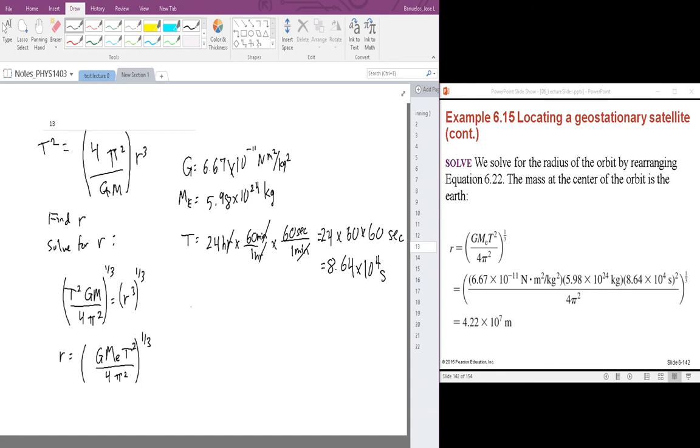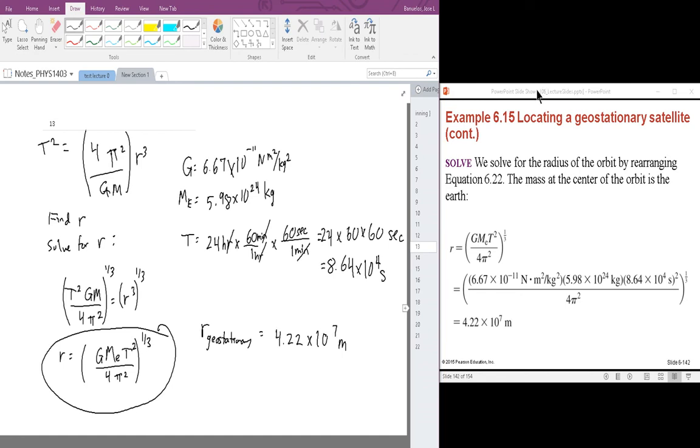So you're going to plug those values into the expression for the radius, and this is what's going to give you the radius for a geostationary orbit, which is going to be equal to 4.22 times 10 to the 7th meters.